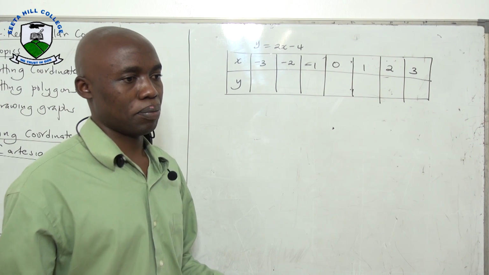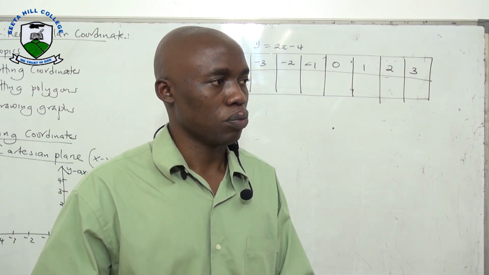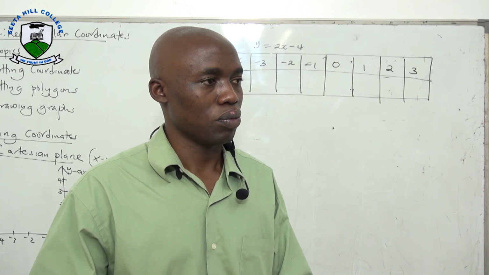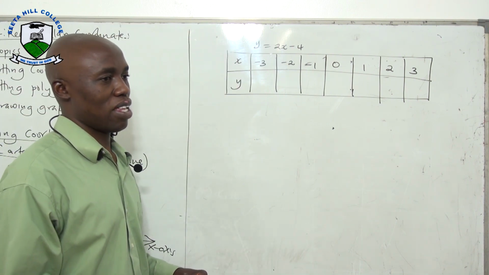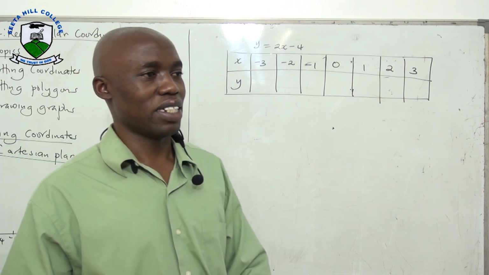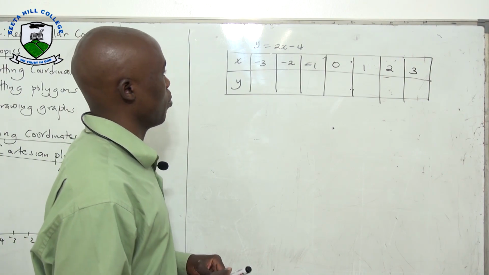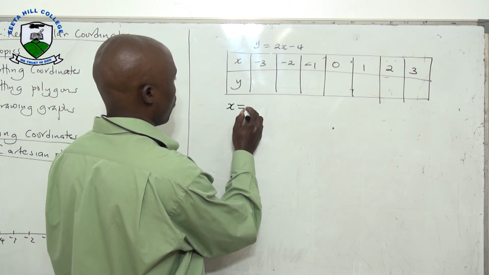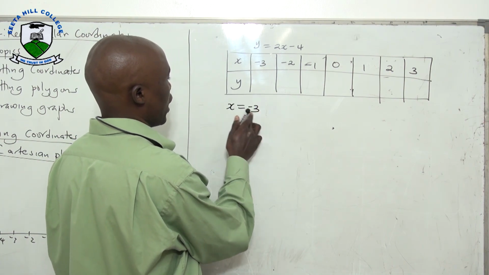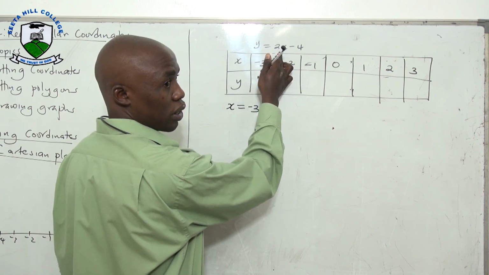And we plot. Yes, Mokisa. Grace. I think we shall have to first fill in the table by substituting those for x to find y. When x is negative 3, then we substitute.